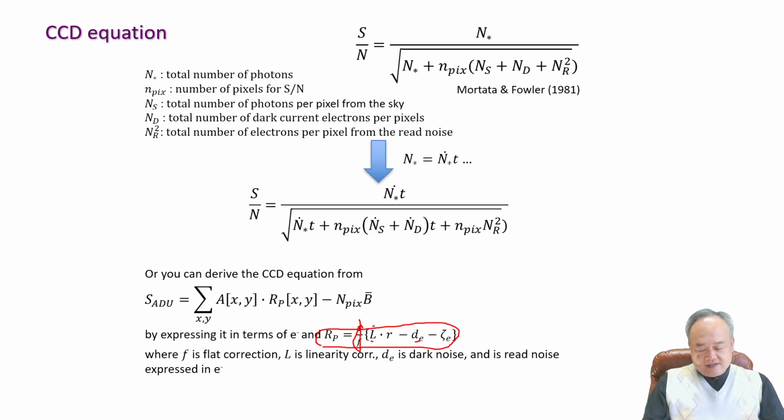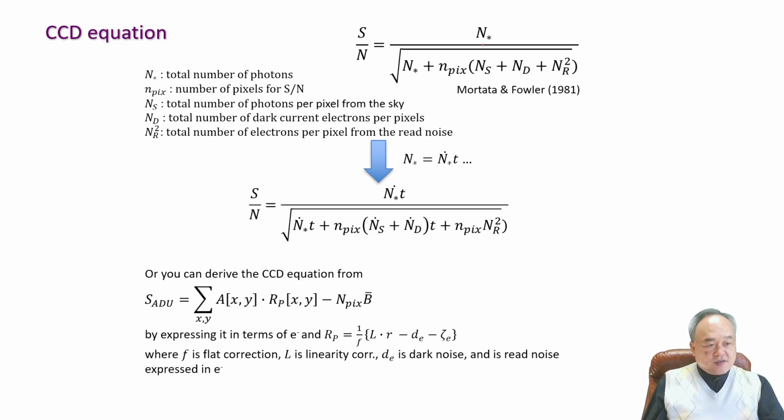That derivation we can ignore, but one thing we can think about is that this CCD equation is the attempt to express the behavior of many different noise sources as a function of exposure time.